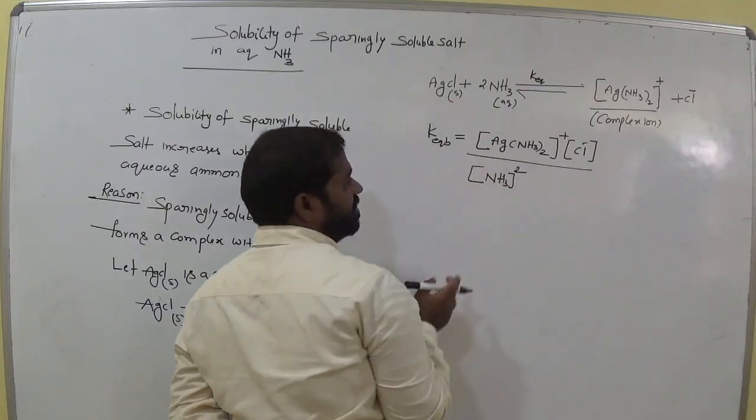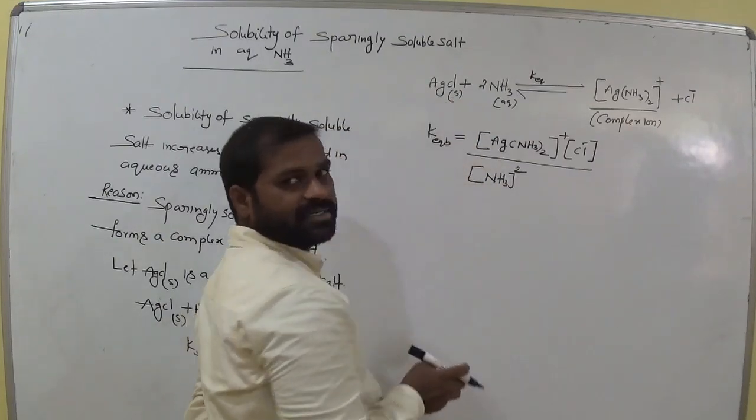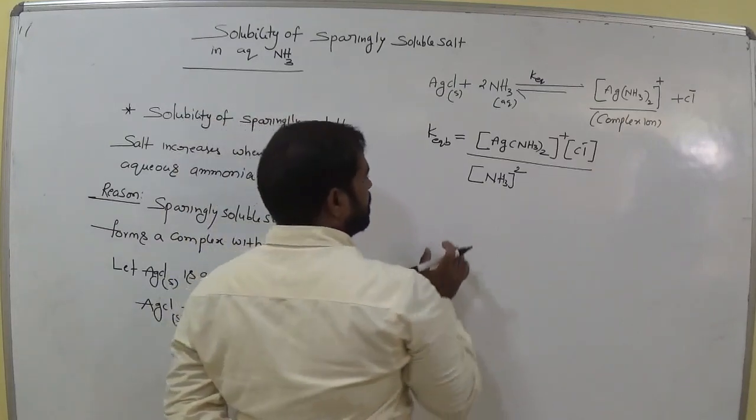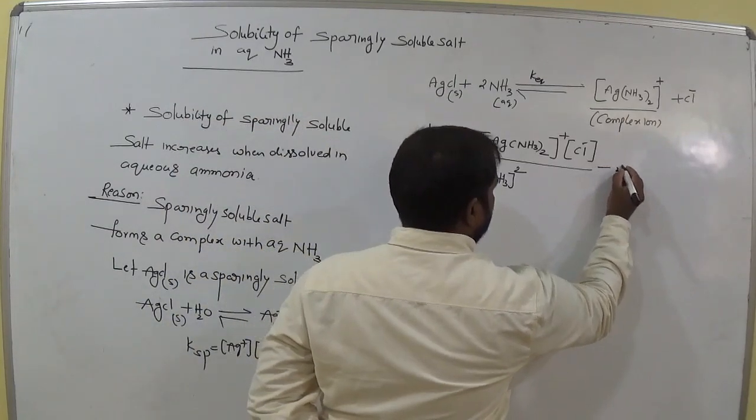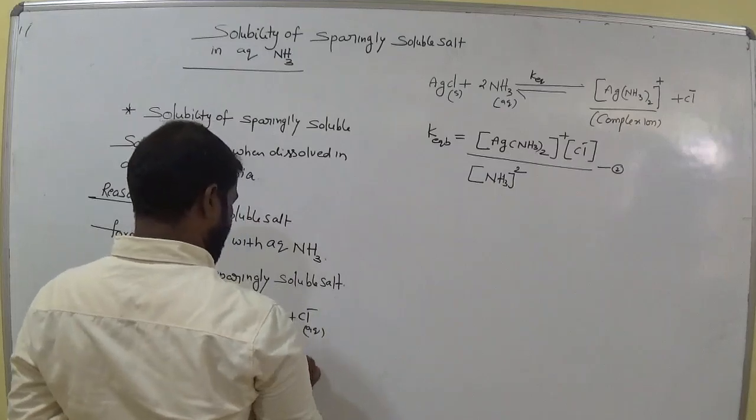For AgCl it is 1, because it is solid, am I right? Solid, clear? Now this expression is taken as 1.